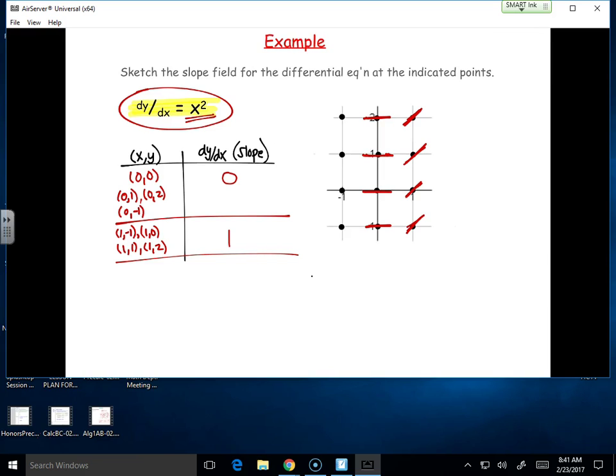What am I going to do for all my points where x is -1? So I can do -1, -1, -1, 0, -1, 1, -1, 2. Plugging in x is -1, the final answer would just be -1, right? I'm going to go up to this one.